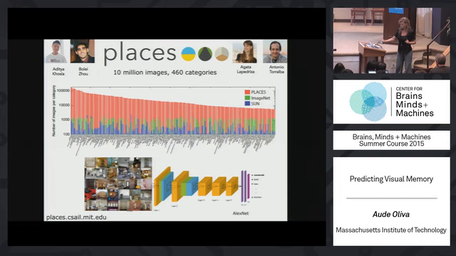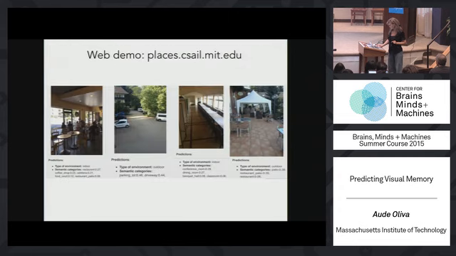And using this simple AlexNet model, we built a scene recognition system, and now you can go to places.csail.mit.edu with a smartphone, take a photo, and it should tell you the type of environment the photo represents. It will give you several possibilities, because environments are ambiguous.